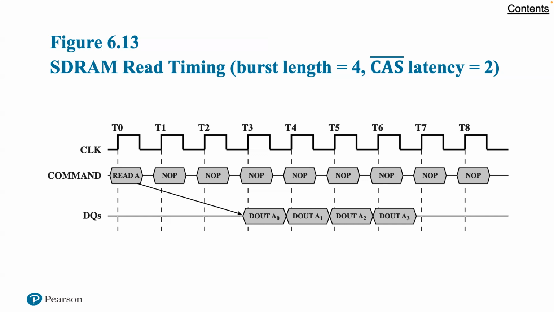The delay from the start of the command to when the data from the first cell appears on the output is equal to the value of the CAS latency that is set in the mode register.